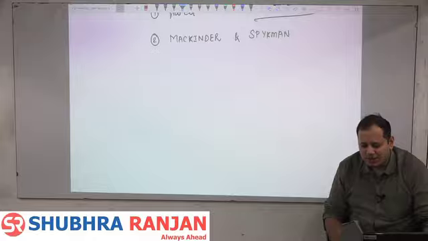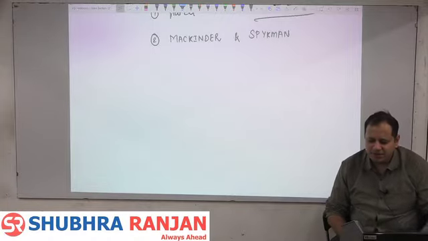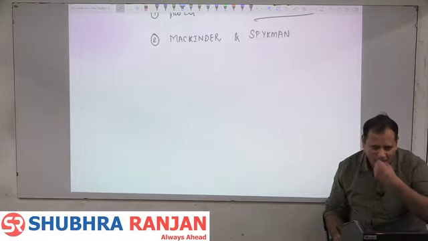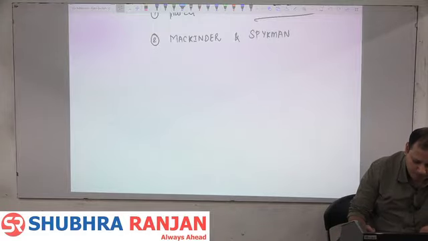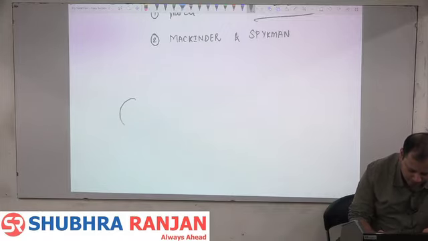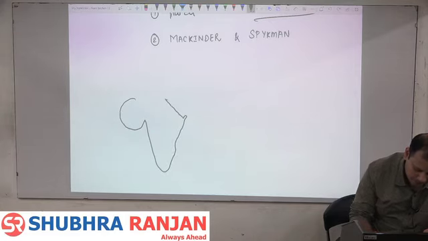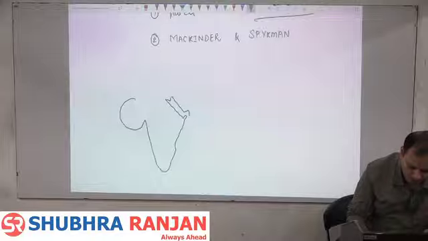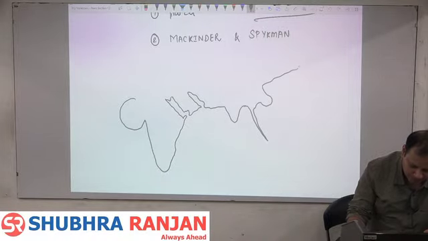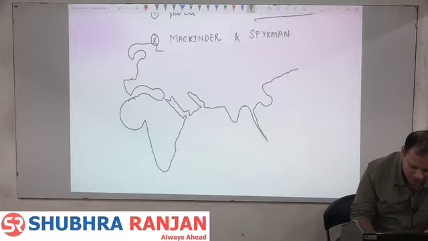Mackinder and Spykman said that the political power of a nation is determined by their geographical location.